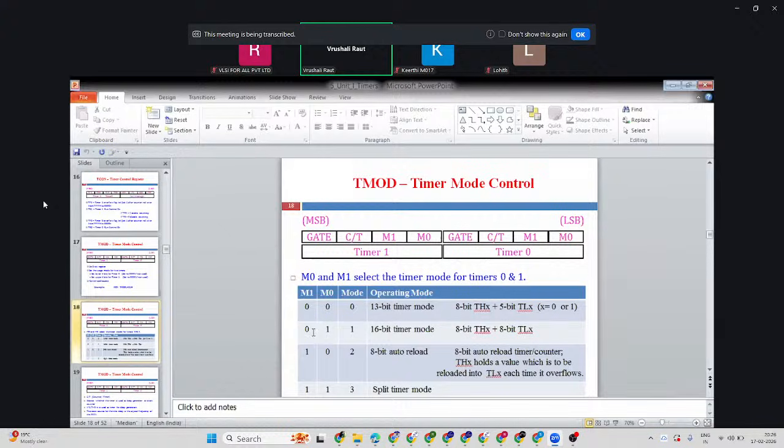Then there is mode 1. When the select bits M1 and M0 are 0 1, in that case, which is the mode? Mode 1 is there. And mode 1 means 16-bit timer mode. All the 8 bits of TH and all the 8 bits of TL we are using for counting.